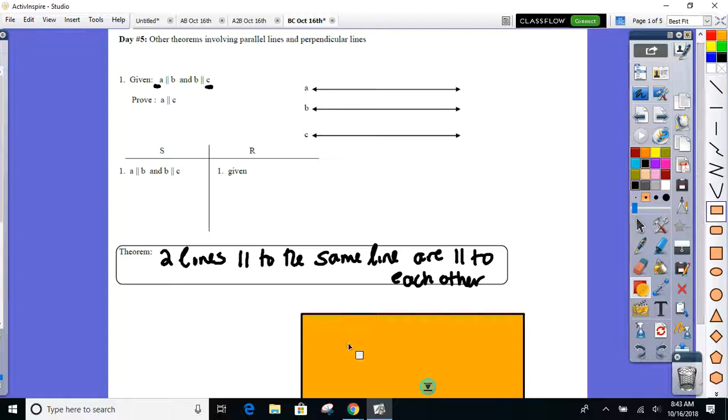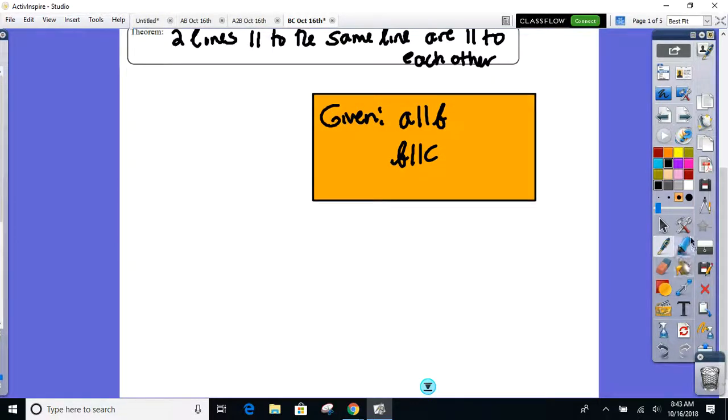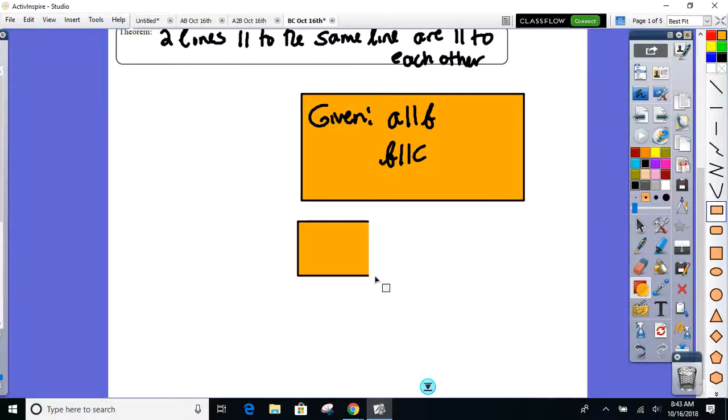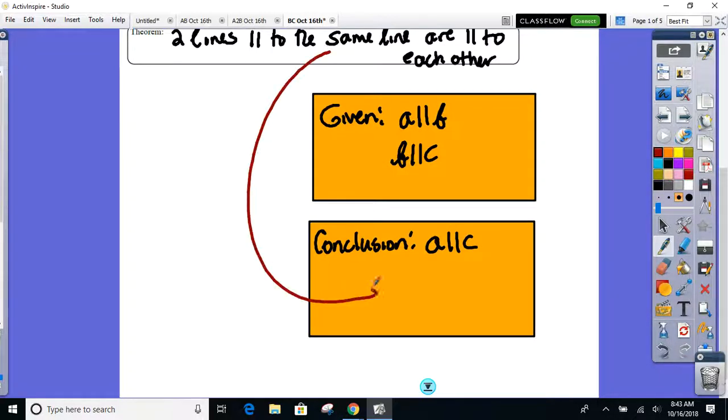Make sure you write given: A parallel to B and B parallel to C. Then on the back of your index card, you can write the conclusion we just came up with, which was A parallel to C, and then you write your new theorem in there: two lines parallel to the same line are parallel to each other.